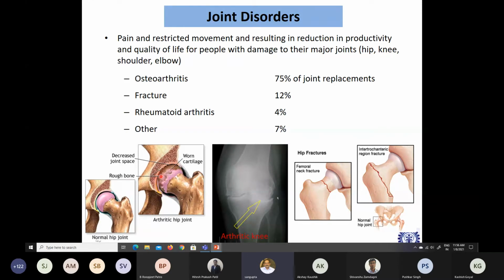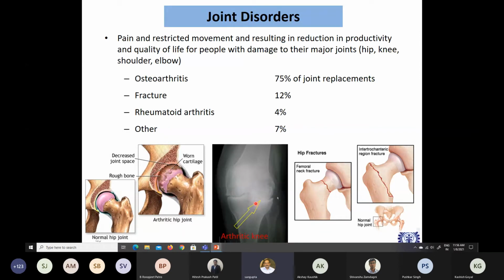You can see the rough bone exposed because the cartilage is worn away. The bone gets exposed and sometimes touches the other bone, giving rise to huge pain. So an arthritic hip joint would look typically like this, with degenerative cartilage and a decreased joint space.